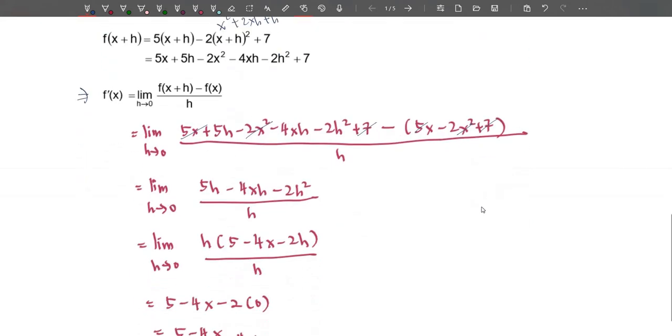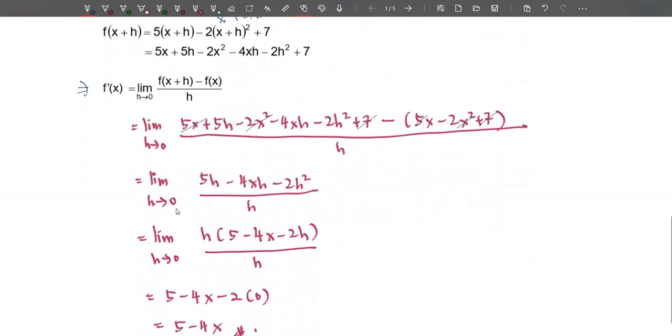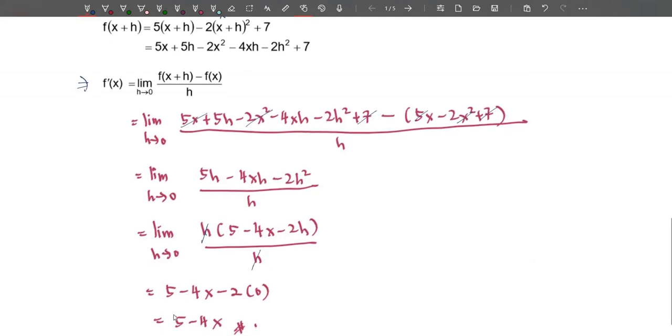So what is left is the limit as h approaches 0 of 5h minus 4xh minus 2h squared, divided by h. Next, factorize h, so that we can cancel the common factor h. Here h, and then we have 5 minus 4x minus 2 times 0, because we substitute h equal to 0, and hence we have the final answer as 5 minus 4x.